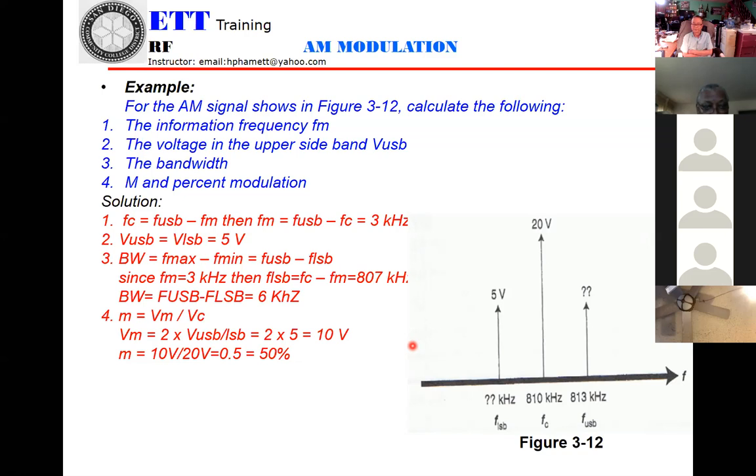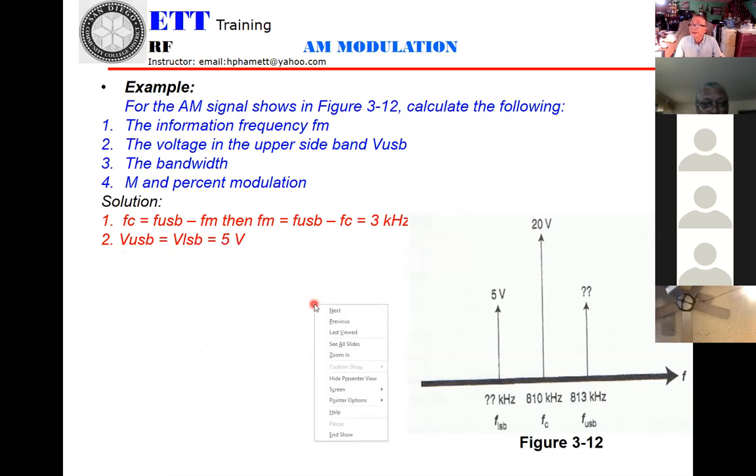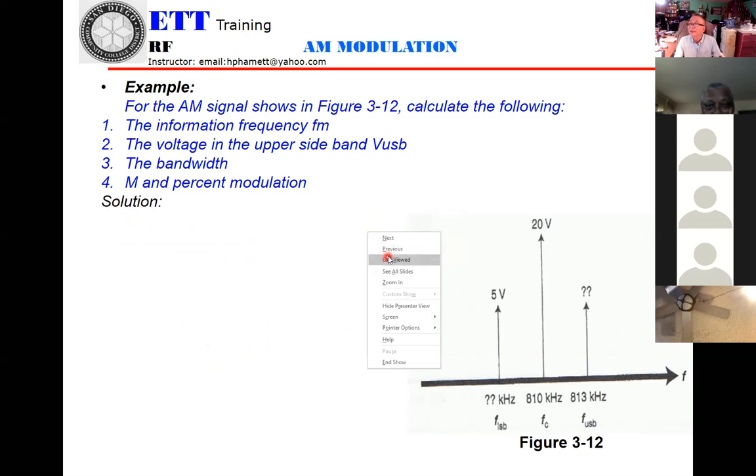If the modulation is single band, then you don't multiply it by 2? Right, because this is the double-sided band, that's why we're multiplying it by 2. They are both sides, not one side.